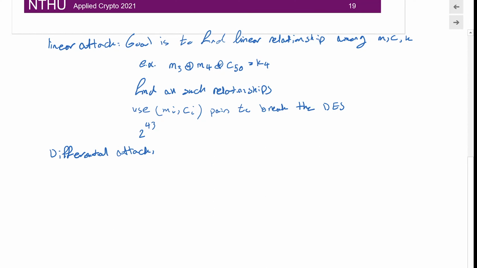Imagine some attacker is playing with this encryption system and sends some message M, and the key is fixed. They get the ciphertext, and then they change one of the bits of this message, and they want to see how many bits, or how much, the ciphertext would change. And again, they try to change another one and see the results.